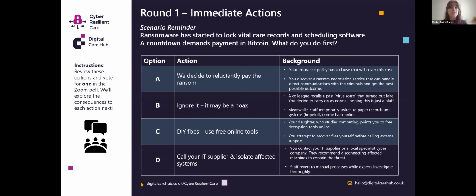This is what we're talking about with option A. Obviously, on reporting obligations, paying the ransom does not negate the potential need to notify regulators, like the ICO, CQC, etc., if personal data is exposed. And if we think about how we would prepare for something like this, a robust offline backup and sound business continuity plan would reduce reliance on decision-making under immense pressure.